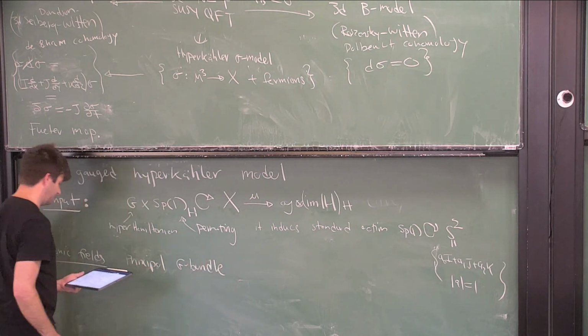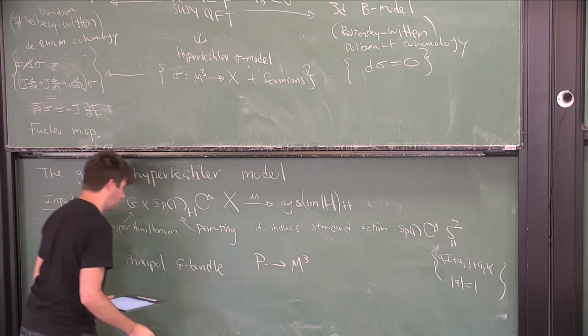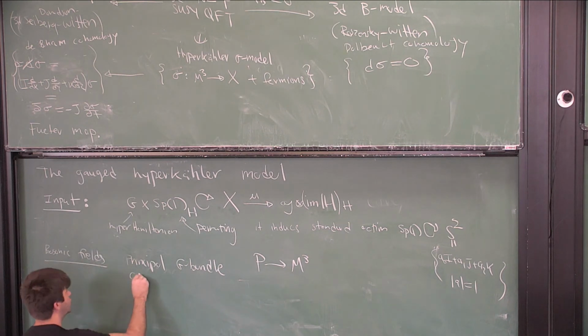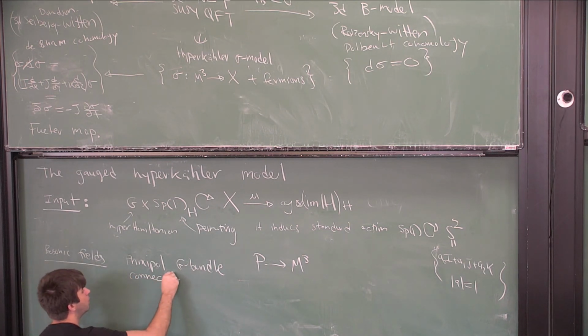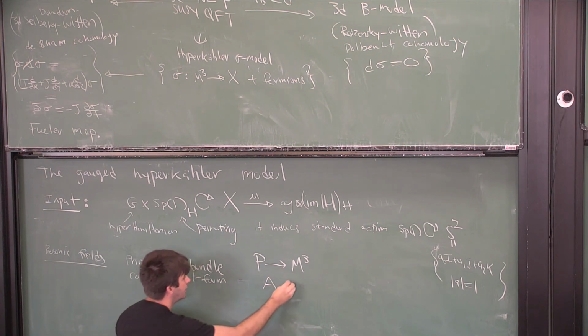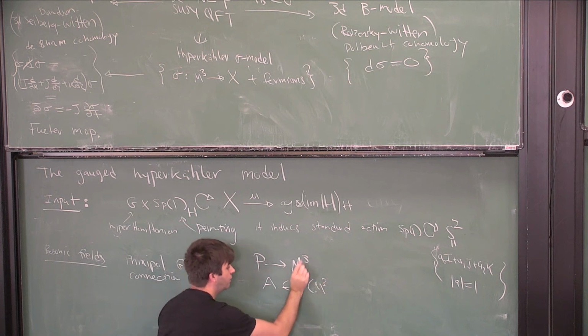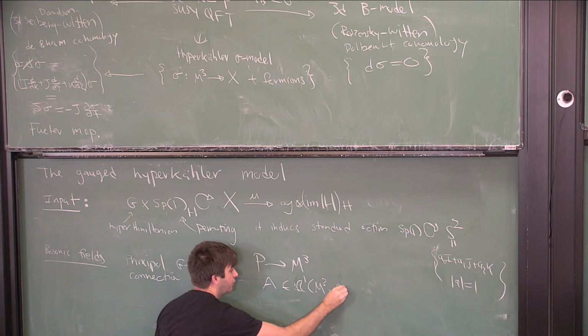Okay, so my fields are basically a principal G bundle on my 3-manifold, the connection 1-form A, living inside of 1-forms on the 3-manifold valued in the adjoint bundle. So this is my notation for the associated bundle.